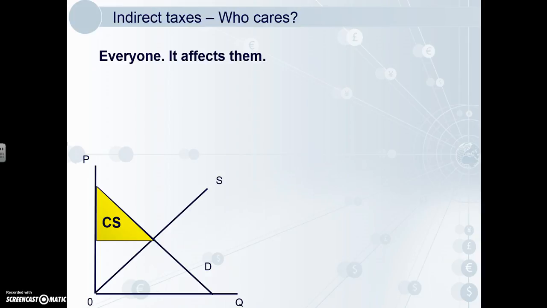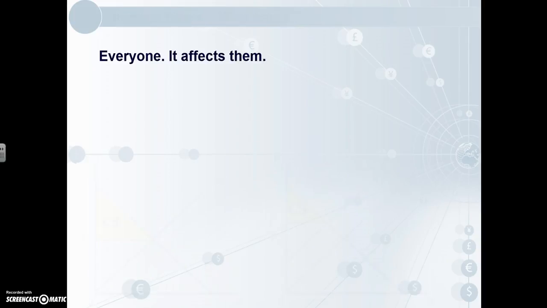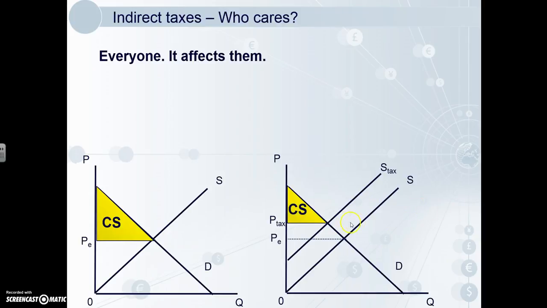Now, let's look at what happens to this area when an indirect tax is imposed. So there we are with our indirect tax. We've got the new price. And the consumer surplus has shrunk.